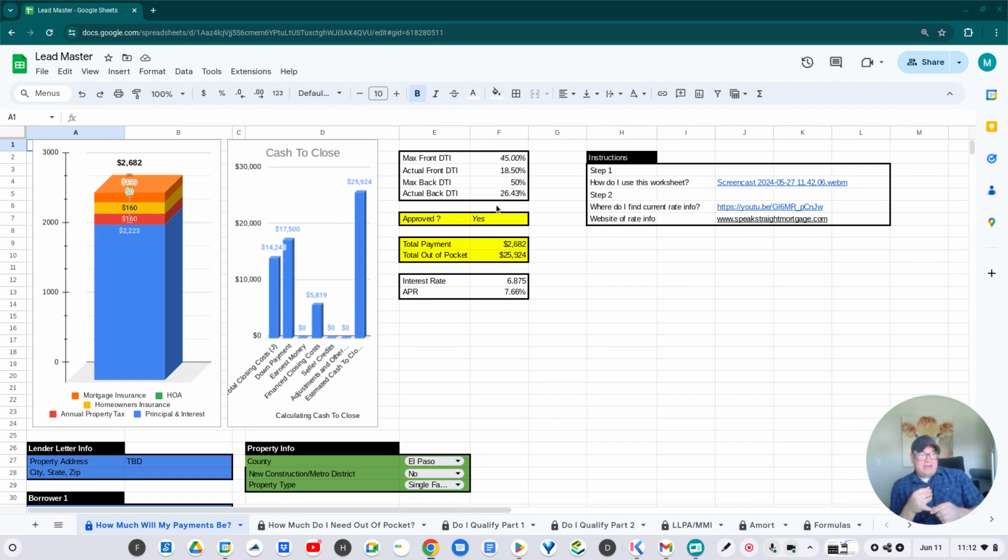Front DTI is the relationship between how much money you make and the total housing payment. Back DTI also factors in your other debts in your credit report. Both of those things, the max depends on the loan you pick. So that's an overview of the factors involved, and how this worksheet determines these things is on the third tab over.